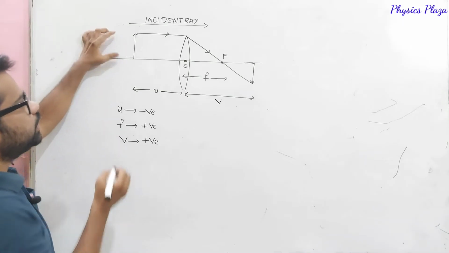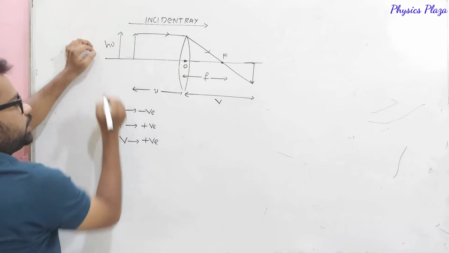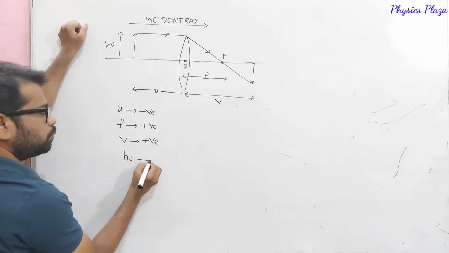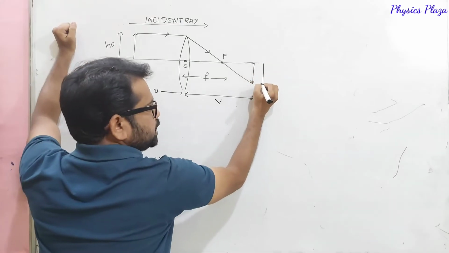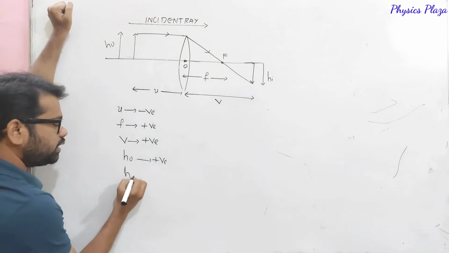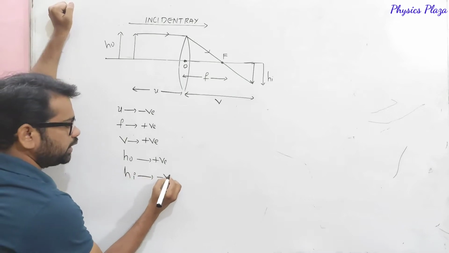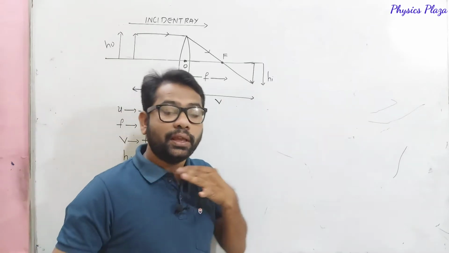What about the object height? Above the principal axis, the object height is always taken as positive. Heights below the principal axis are taken as negative. Then you may get a doubt: sir, this is a real image case, what if it is a virtual image?